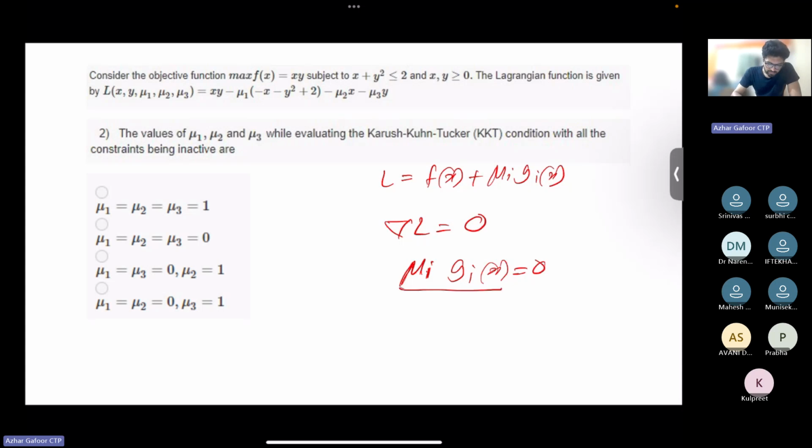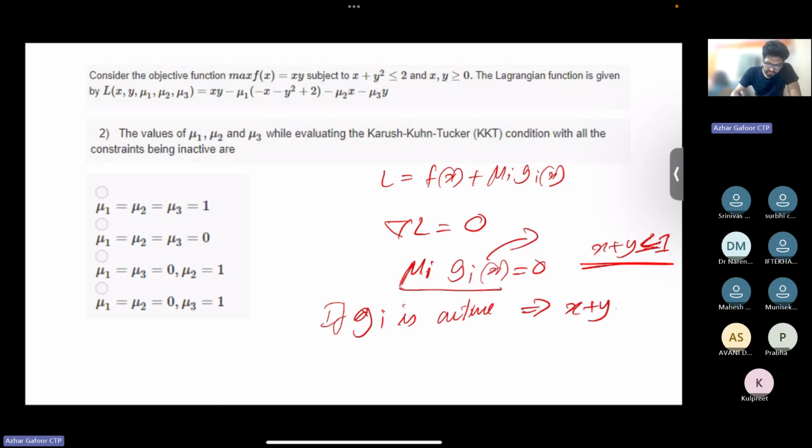How can this be equal to 0? If a constraint g i is active, say this is one of the constraints, less than or equal to 1, and this constraint is active, it takes the form x plus y is equal to 1.